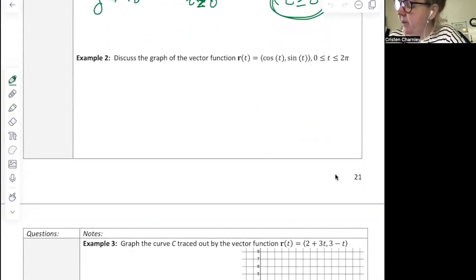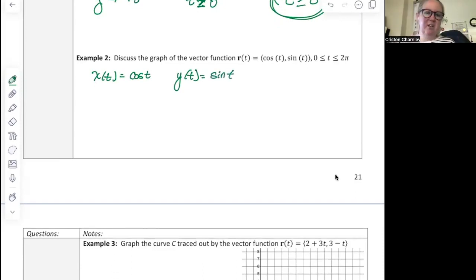So if we look at this a little bit, we can say that x of t is equal to the cosine of t. We can say that y of t is equal to the sine of t. Sometimes it's nice just to break it apart and remind yourself which is the x and which is the y. All right, I see a sine and a cosine. What relationship do we know about these? If we go back to our Pythagorean trig identity, we know that cosine of t squared plus sine of t squared is equal to 1.